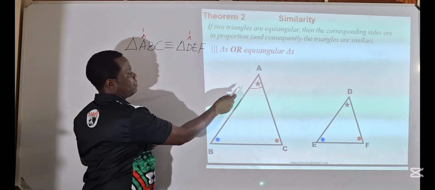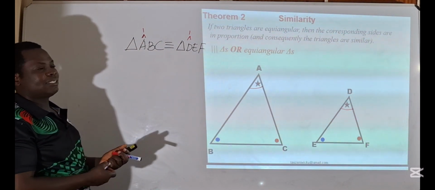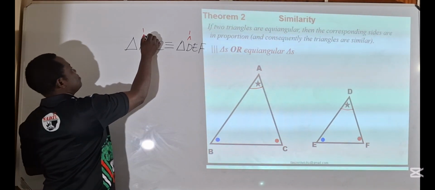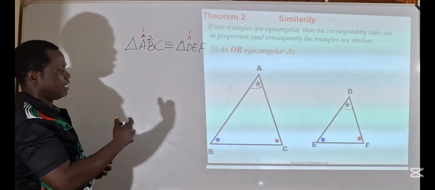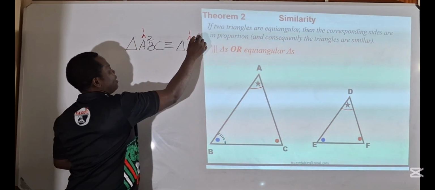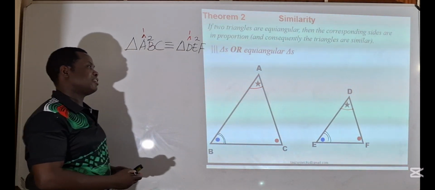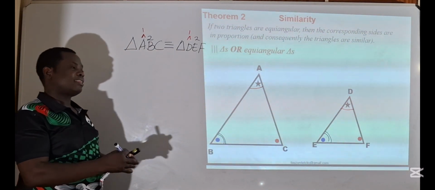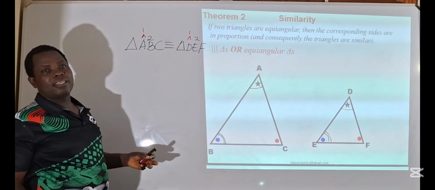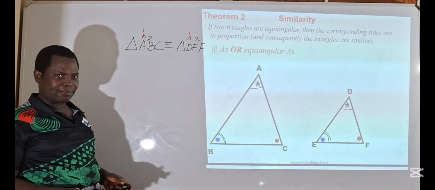Then the second letter is B in my triangle, that's AB. So the angle at B and the angle at E in the next triangle must also be exactly the same. Now, if that happens, it follows that the two triangles are similar to each other.